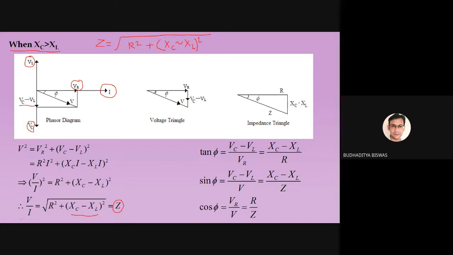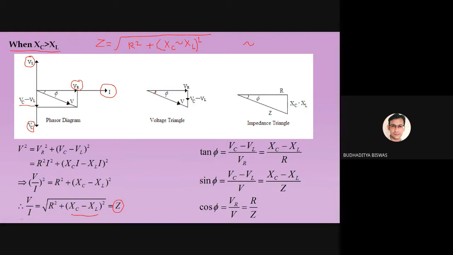The difference sign means that among XC and XL, whichever is more, you need to place it first. If XC is more, then it becomes XC minus XL. If XL is more, then we should take XL minus XC. So that is called the difference, and this is the sign of the difference, like a sinusoidal signal. So this is the general formula for impedance of an RLC circuit: root under R square plus XC difference XL whole square.